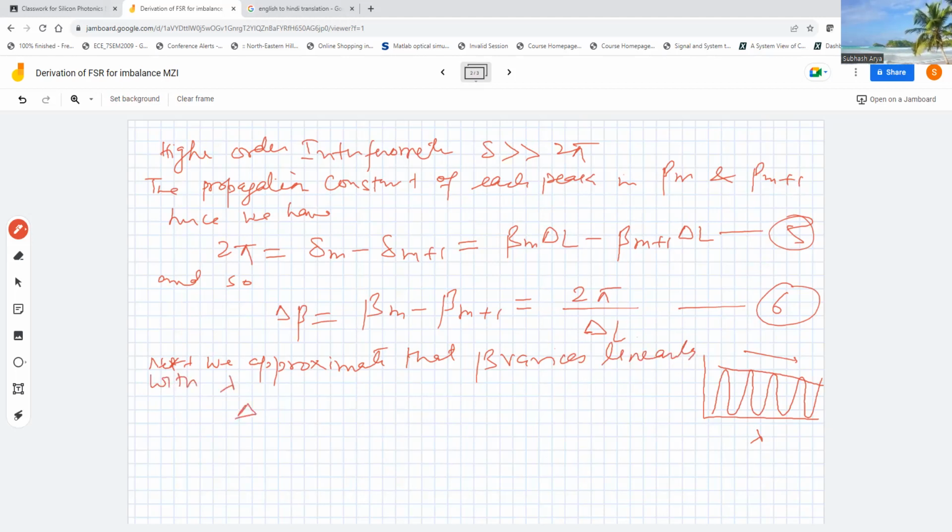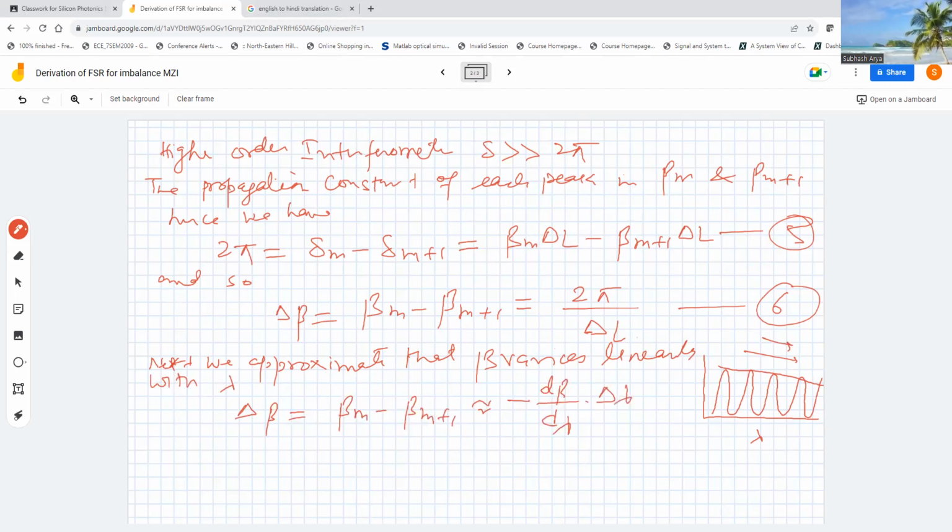It means delta beta, which is beta m minus beta m plus 1, is approximately equal to minus, this is a negative sign, change in beta with respect to change in lambda into delta lambda.